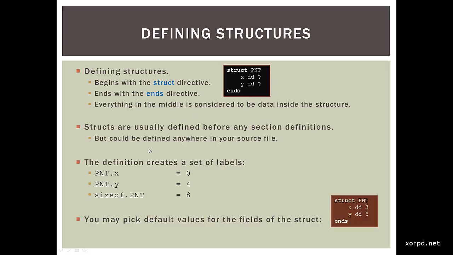The definition creates a set of labels, and basically this is what the struct definition actually does. This is most of what the struct definition does. It just creates a set of labels.